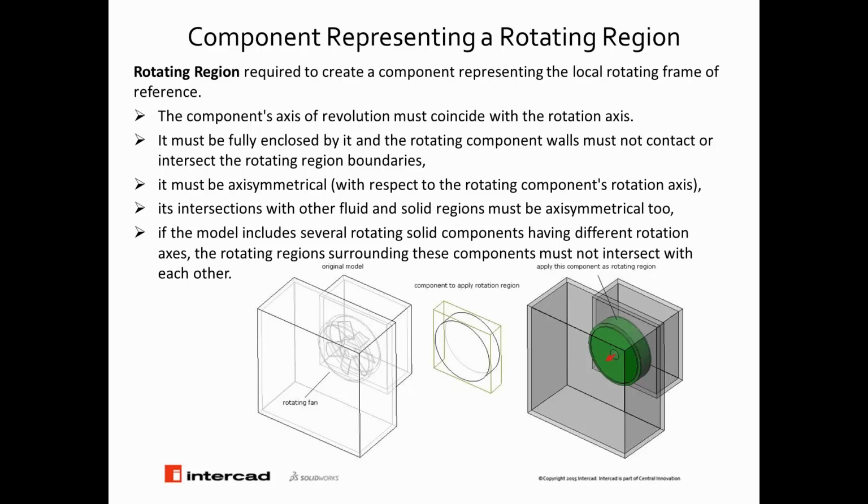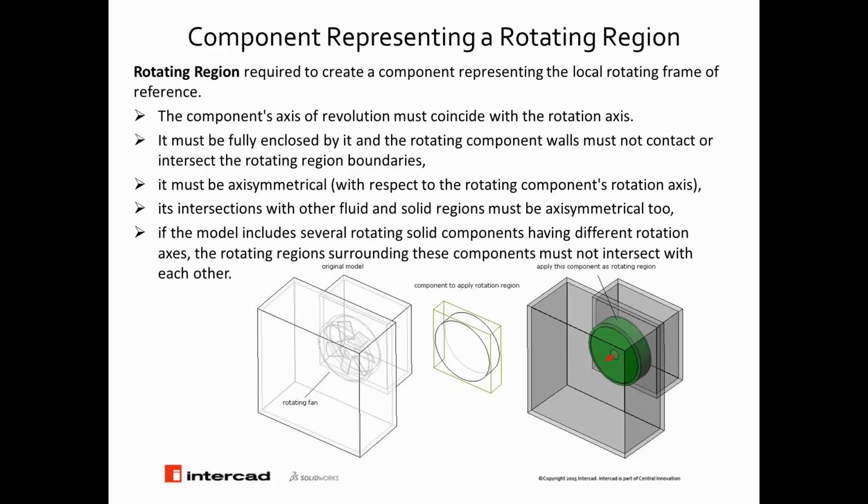Next, its intersection with the other fluid and solid regions must be axisymmetric too. And the last thing is, if the model includes several rotating solid components having different rotation axes, the rotating regions surrounding these components must not intersect with each other. So you can have multiple of these components with different rotation axes, but there shouldn't be interfaces.